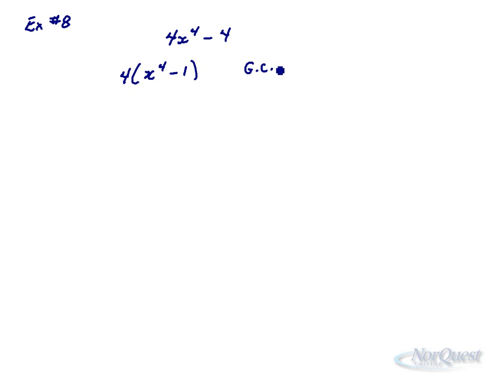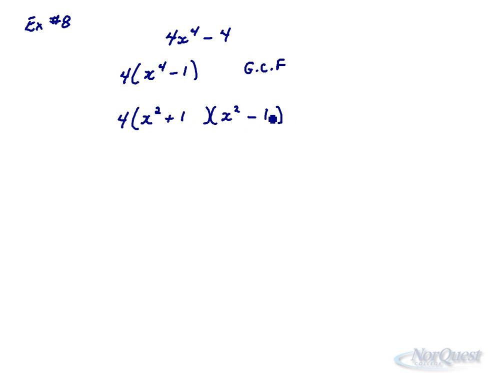Always look for greatest common factor first. Now x to the 4th minus 1 is a difference of squares. Take the square root of x to the 4th. That is going to be x squared. Take the square root of 1. That is going to be plus 1, minus 1.